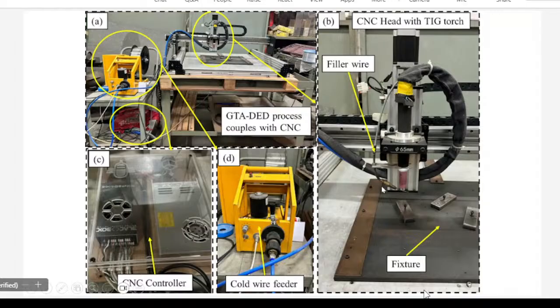So we can control this wire movement and this arc movement synergically, like both are happening at the same time. That's why we can fabricate a very good WAM structure with this setup.